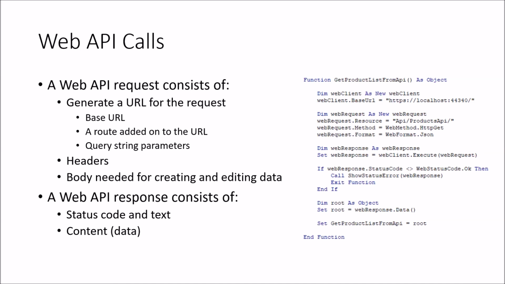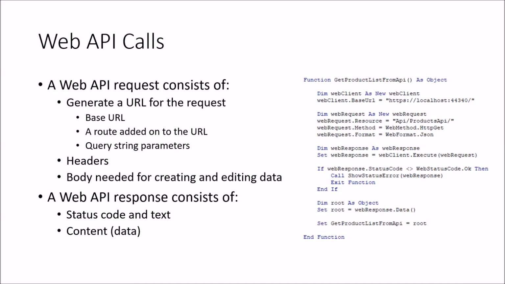So for example, if you're adding a new record, you need to send in the data for those fields that you're adding. Or if you're editing an existing record, again, you need to provide those fields. So URL consisting of a base, a route, and parameters, and then headers, and then a body.